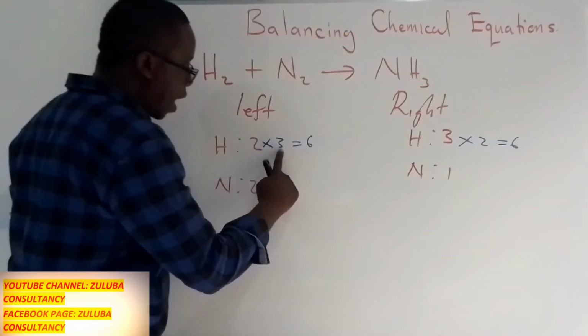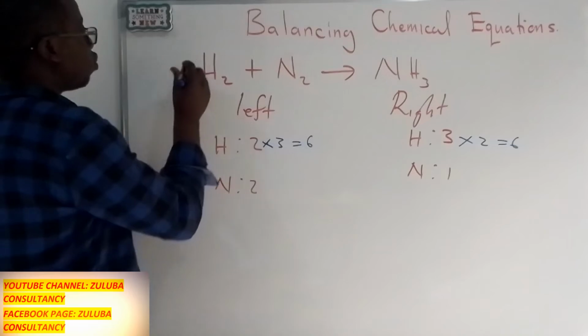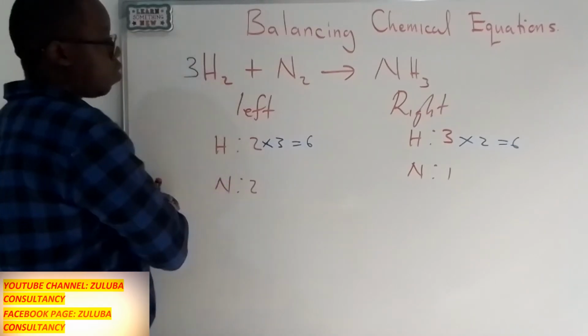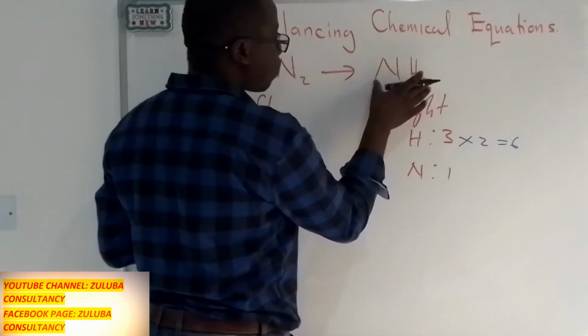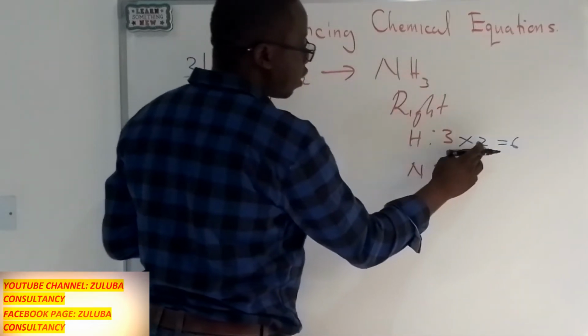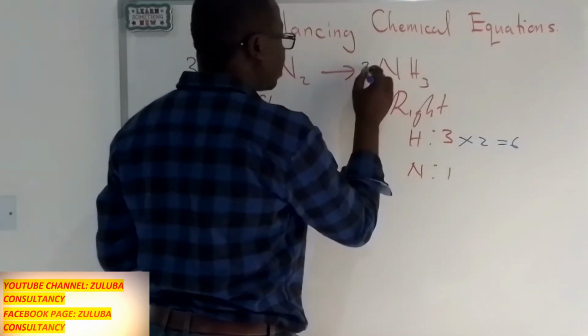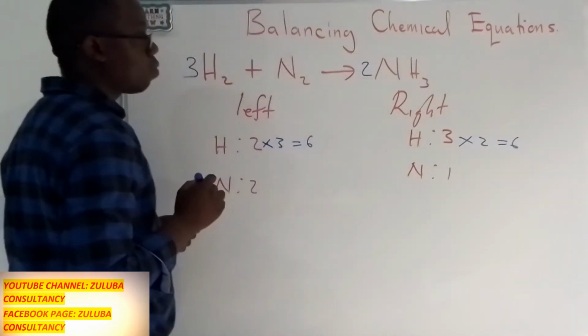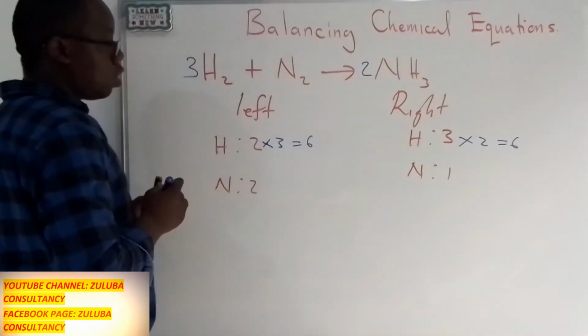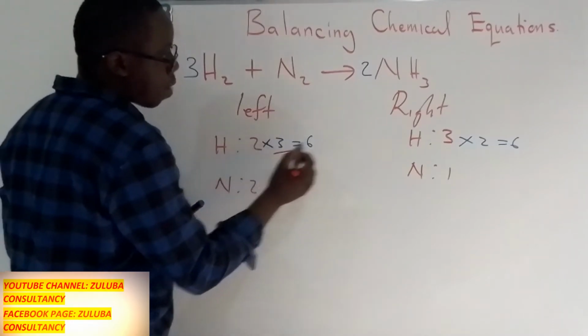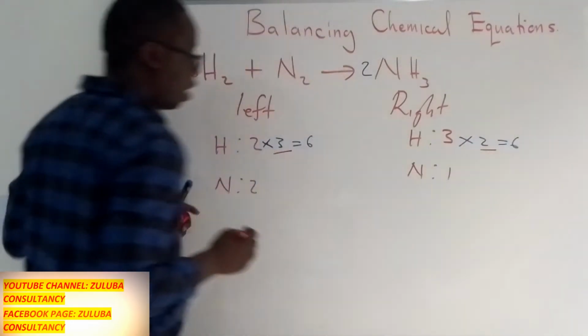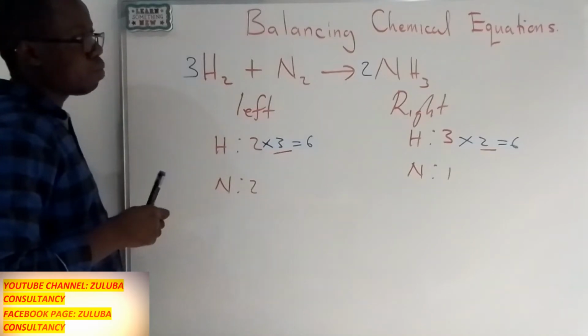So for hydrogen, we are saying try to put the number 3 there. Then for the product, because it's 1, these 2 will be tentatively put there. Now, once you do this, so we have introduced this number and this number in our equation.